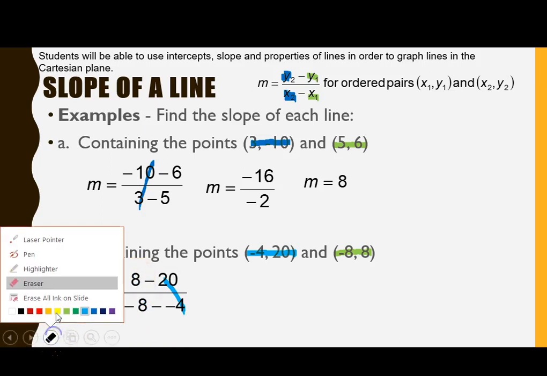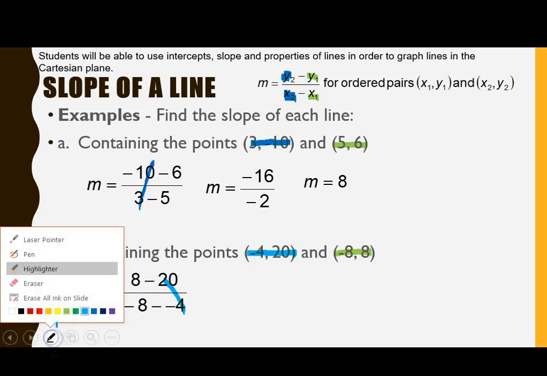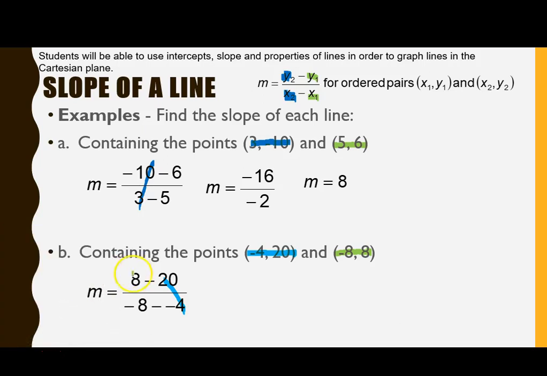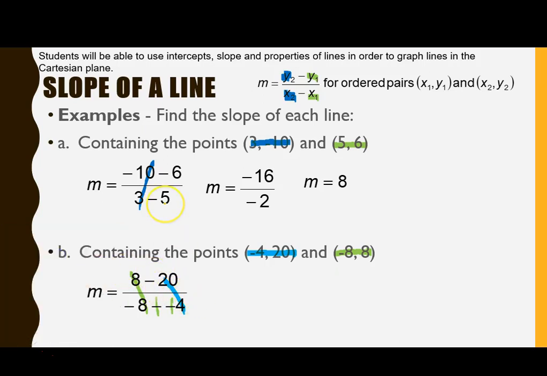Okay? So you want to make sure that when you're doing that, you've got your partners together on top of the right person, if you will. So 8 minus 20 is negative 12. Negative 8 minus negative 4. Minus the negative is plus positive. So when we do our plus positive, that gives us negative 4.